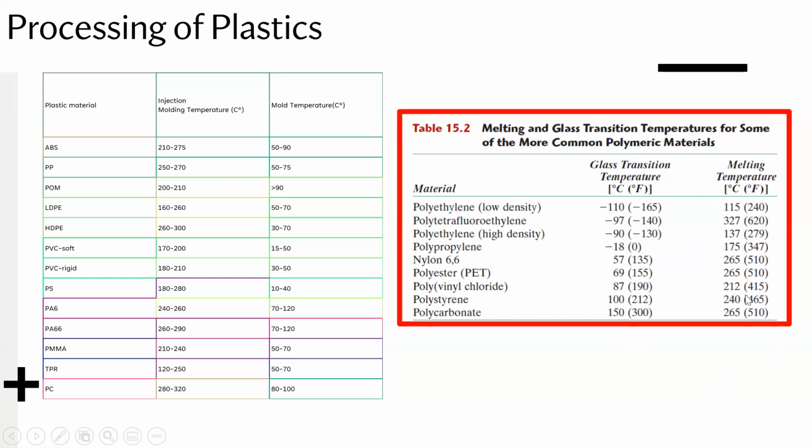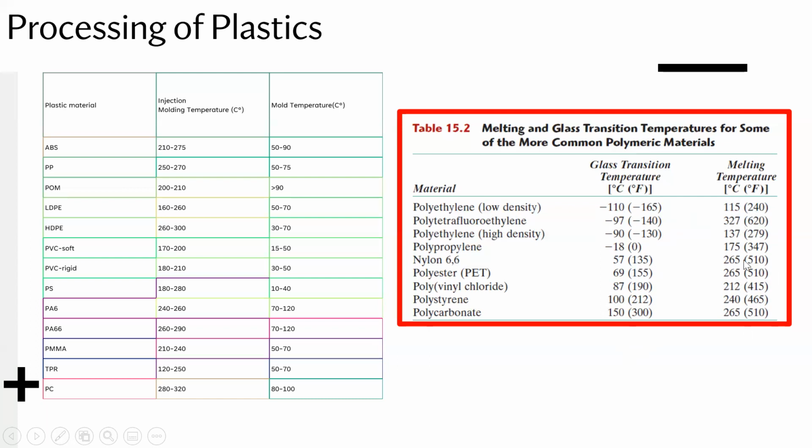So all of these have this transition at different temperatures, but the melt temperature is always something positive. It's quite high also for a lot of these. If the glass transition is positive and quite high, then the melting temperature is also going to be a lot higher, as you can see here. So this is a unique case where PTFE has a glass transition that's negative, but also the melting temperature is quite high.